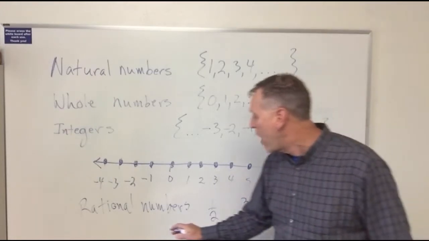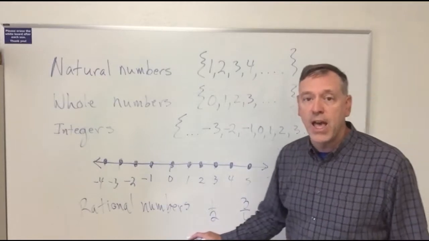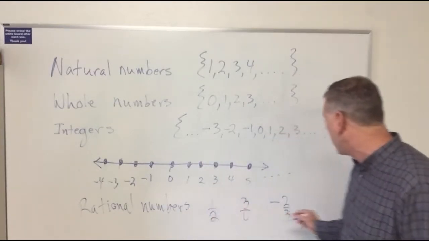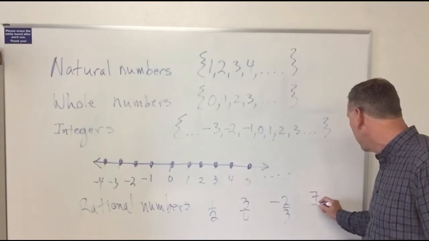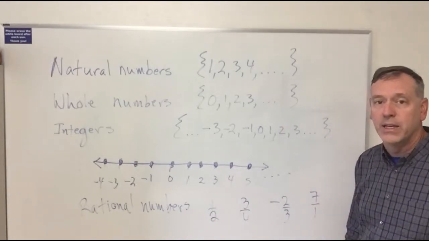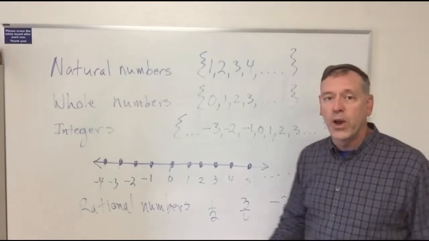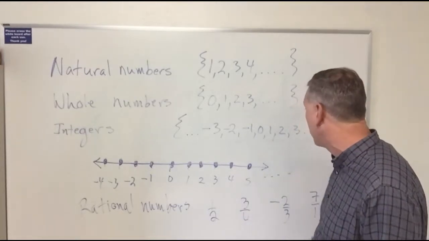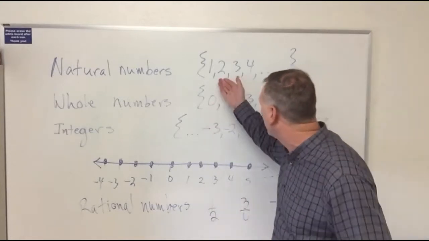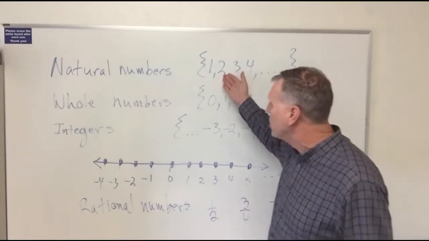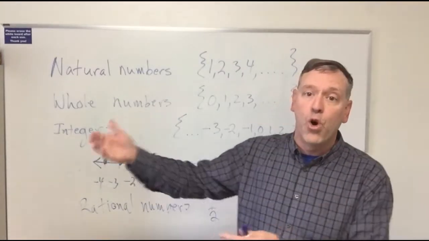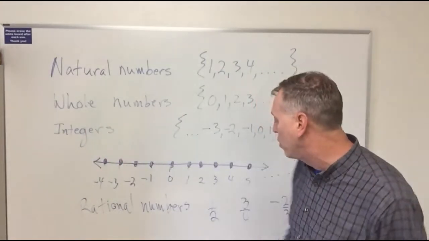Those are all rational numbers. Integers are all rational numbers too, because an integer can be written as a fraction. 7/1 is equal to 7. So here we have the integer 7, but it's a rational number as well because it can be written as 7/1. Same for all natural numbers. The natural number 2 is also a rational number because it can be written as a fraction of 2/1. And so those are rational numbers.